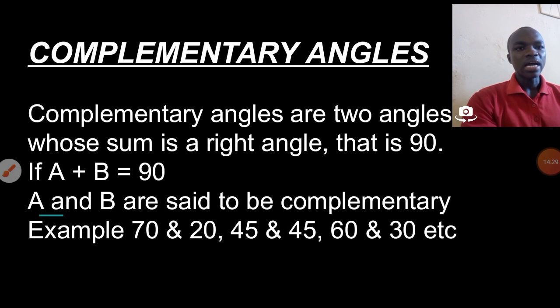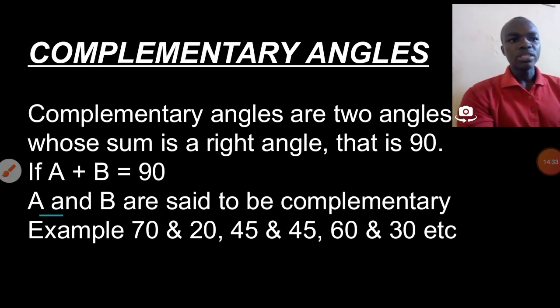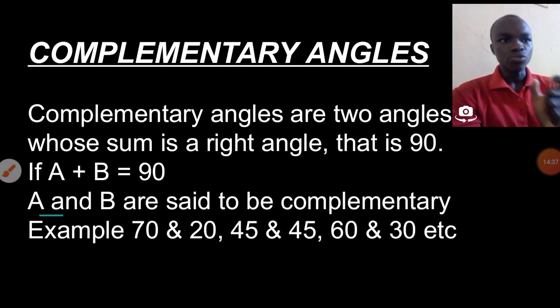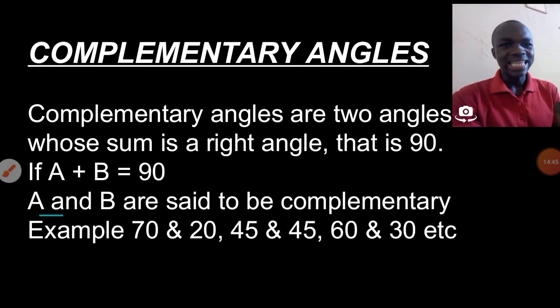So when we say angles are complementary, what I mean is if you add these two angles, they will give you 90. That's just it. If you add them and they give you 90, those two angles are said to be complementary.